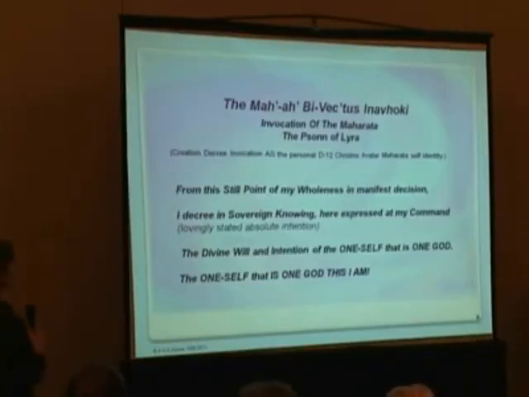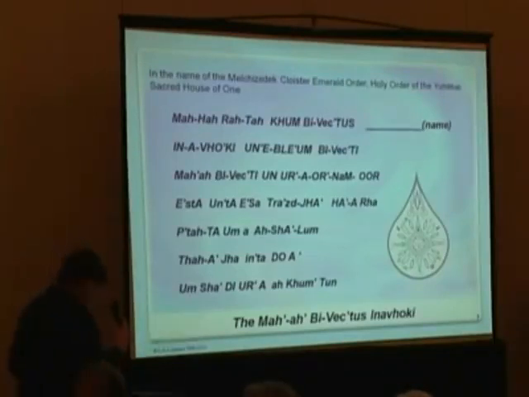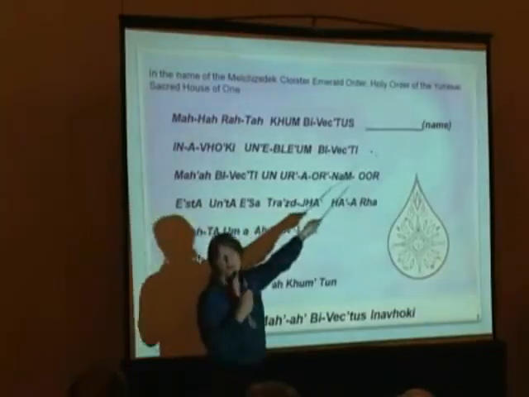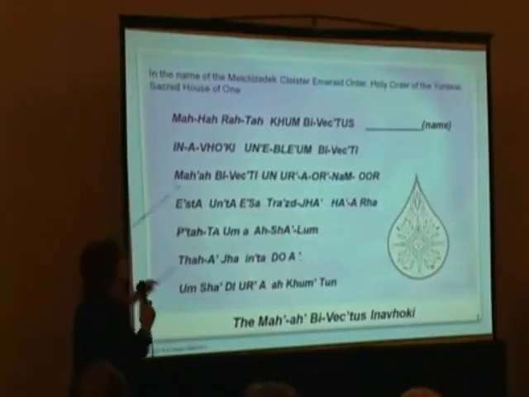This I am. And then we'll start at the top here. We'll say, in the name of the Melchizedek Cloister Emerald Order, Holy Order of the Unicized Sacred House of One, and I will pronounce these one time so that everybody knows how they're pronounced. Ma'a Rata Kumbai Vectus, and then you would put your name there. So I would put Pemi, or whatever you choose to call yourself.